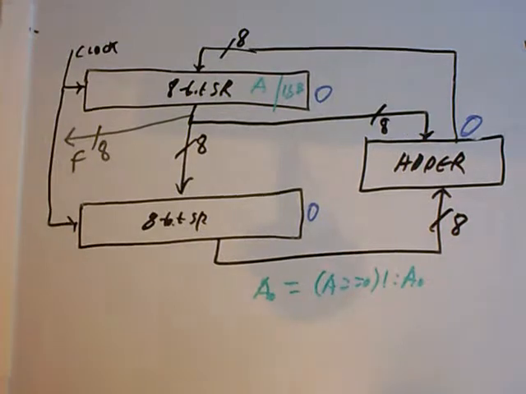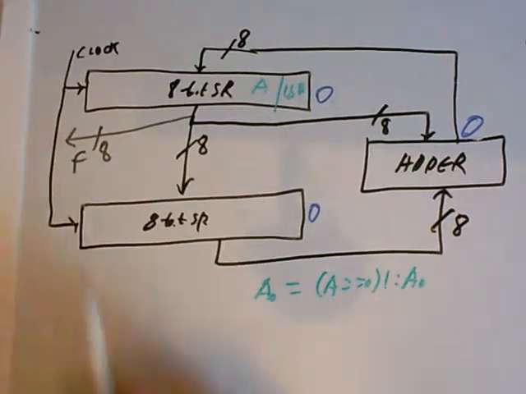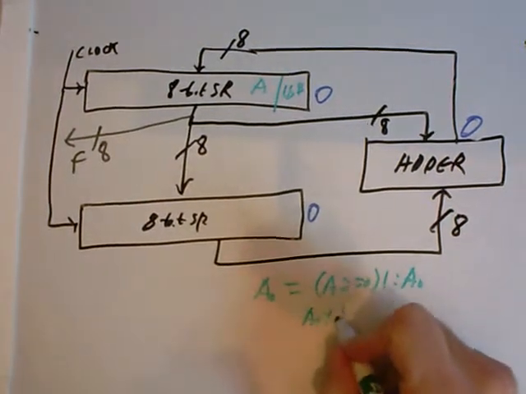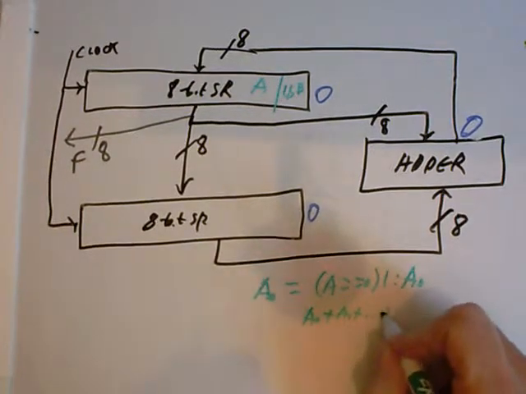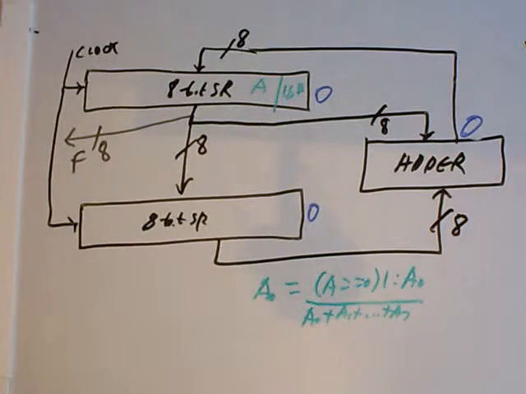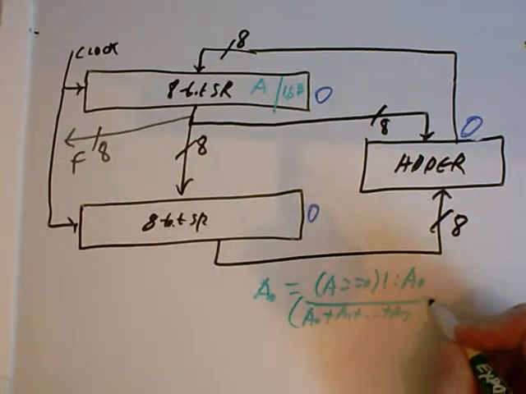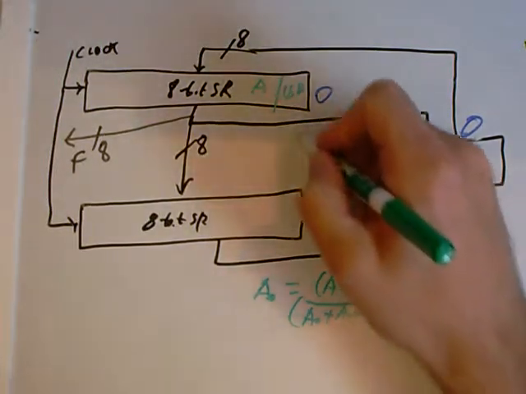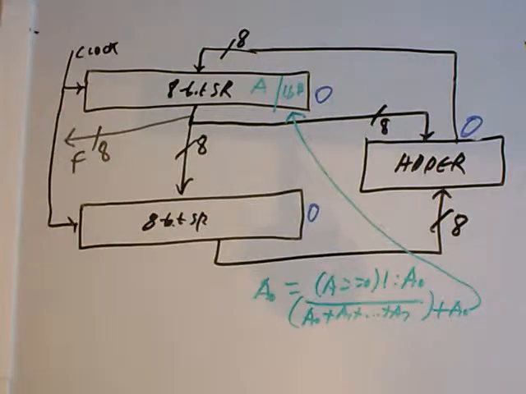So I'm going to build a little bit of special purpose logic that will perform this calculation. And basically, I'll take all 8 bits of A, and I will OR them with each other and then invert it. So A0 ORed with A1, on through ORed with A7. Going to invert all of that. And then I'm going to OR that with A0.